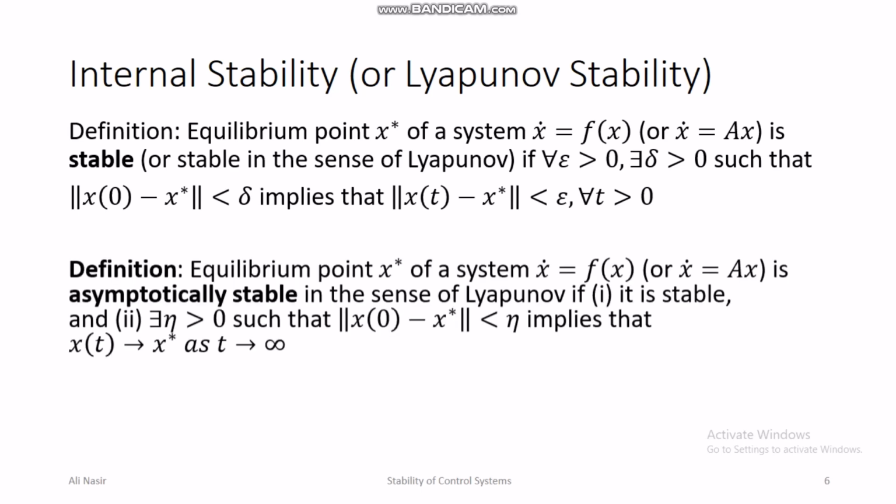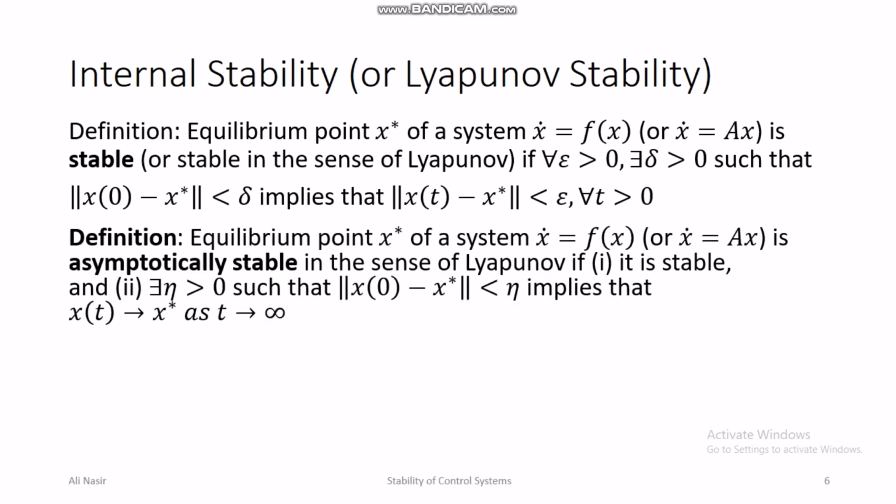Okay, so next is the definition of asymptotic stability. So far we have looked at the definition of stability, or simple stability. Next we look at the asymptotic stability definition.